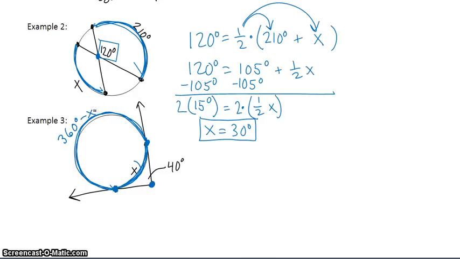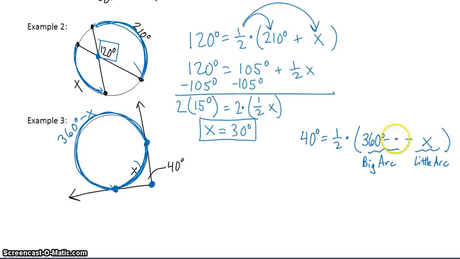So my formula is going to be angle equals 1/2 times big arc minus little arc. My little arc is x, and my big arc is 360 degrees minus x.